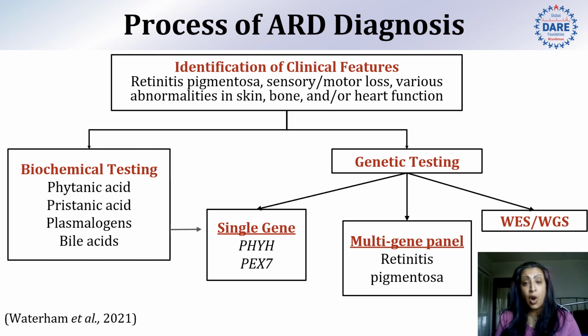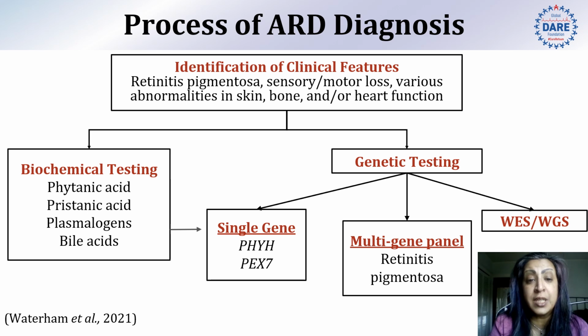If the symptoms are recognized by the medical professional as symptoms of adult refsum disease, and perhaps supported by biochemical testing, we might use single gene sequencing to look for adult refsum causing variants in the PHYH or the PEX7 genes, which are the two genes where adult refsum disease causing variants occur.